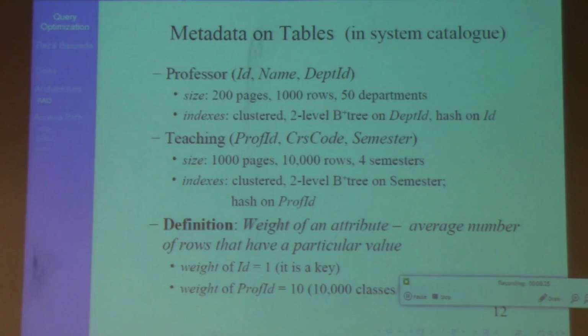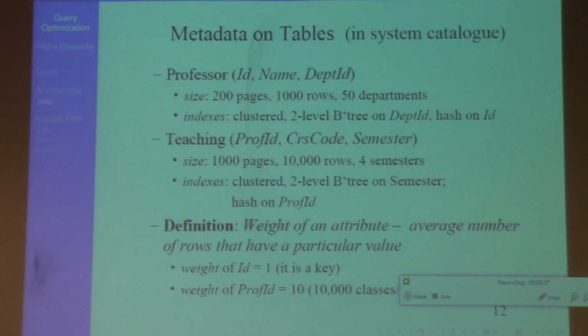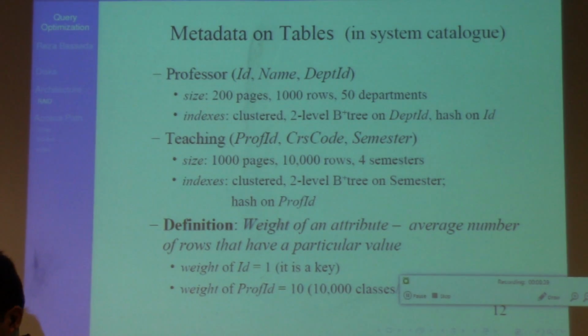And you have a teaching table which has 1,000 pages, 10,000 rows, 4 semesters, just 4 semesters. It has a clustered 2-level B+ tree index on semester and hash on professor ID.